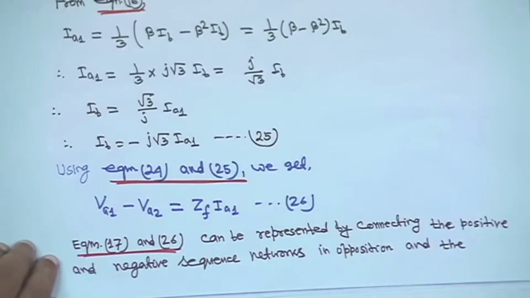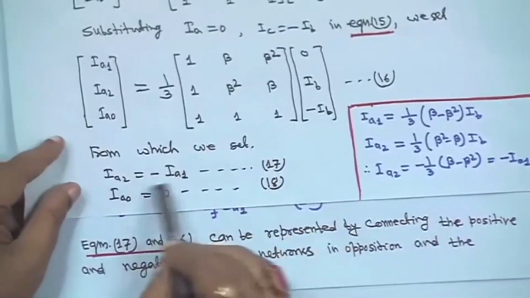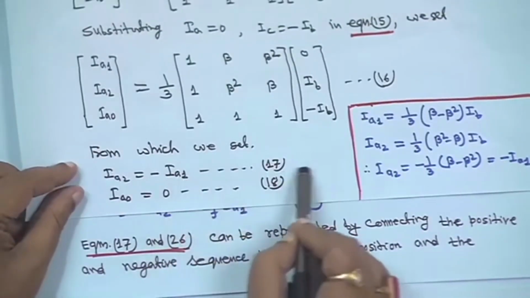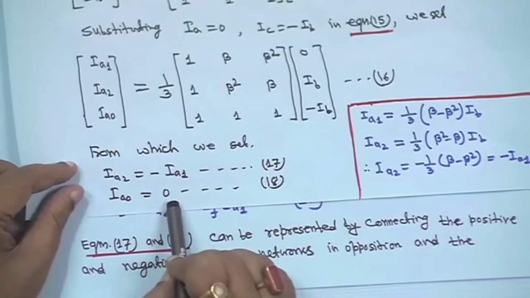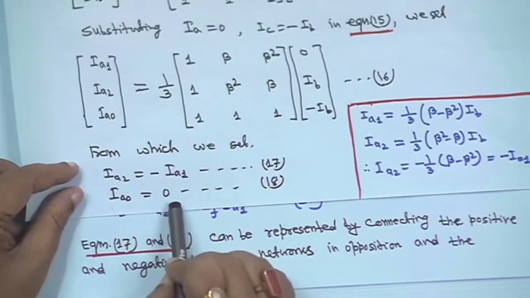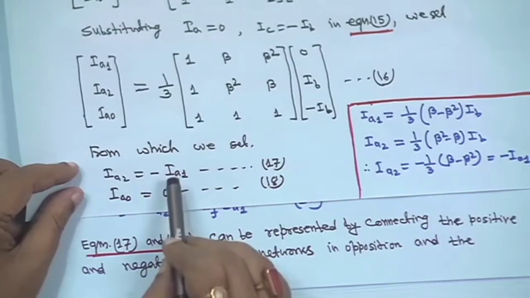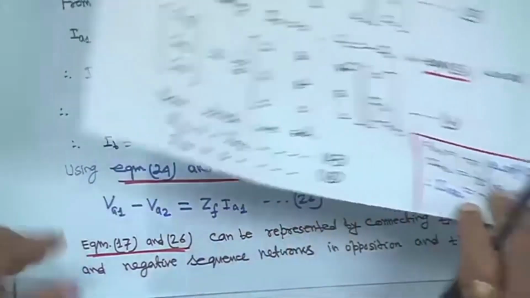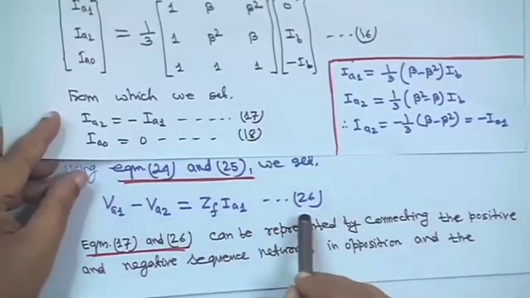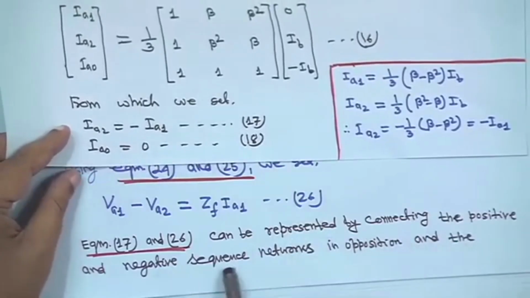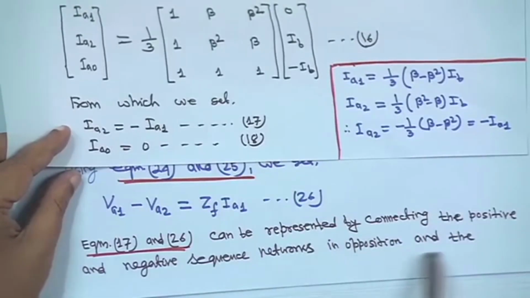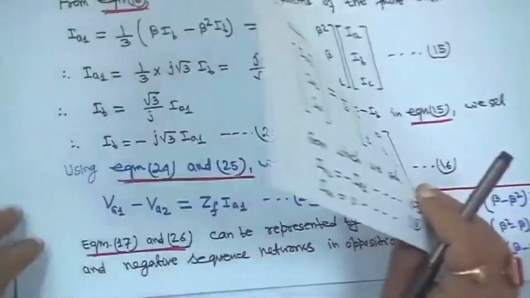So I have to come back to equation 17. This equation 17 says IA2 is equal to minus IA1. Even 18 suggests this, because IA0 is equal to 0, so the zero sequence network will not come up here. From equation 17 and equation 26, this can be represented by connecting the positive and negative sequence networks in opposition, and the equivalent circuit is shown.